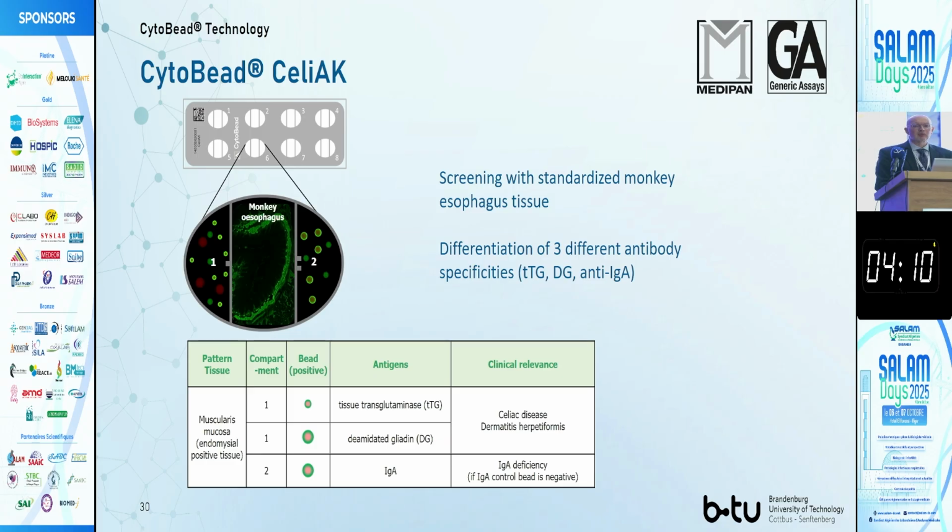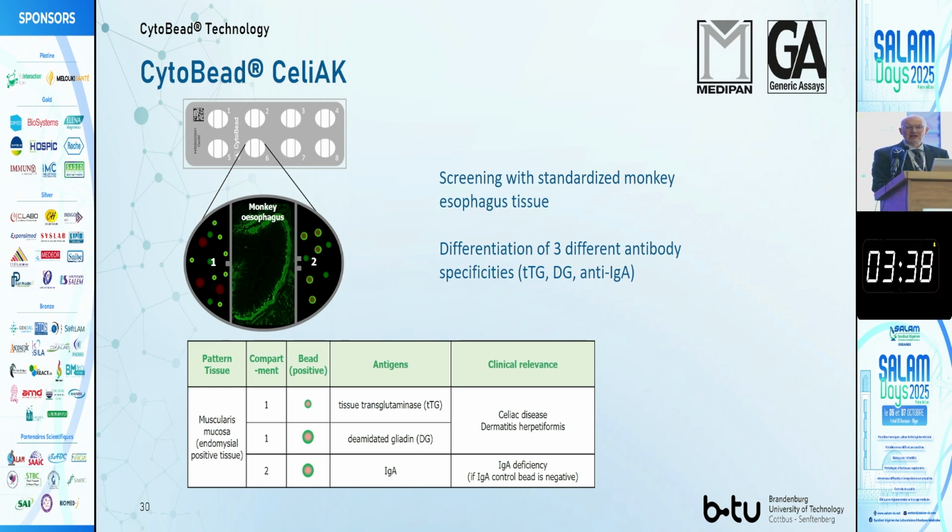And here on this slide, I have another example for you for the broad applicability of the Cyto-B technology. Multiplex testing with regard to autoantibody interpretation is required in many other fields, such as, for instance, celiac disease testing, where we should test for anti-transglutaminase IgA, deamidated gliadin IgA, as well as to check for IgA deficiency.